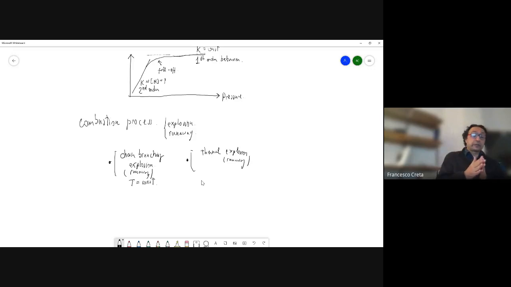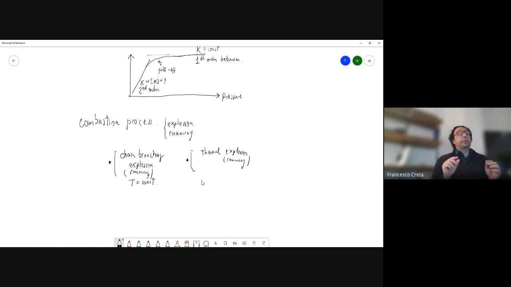So we know that there is this exponential relationship between the rate of reaction and temperature, and that the rate of reaction is really released globally, so it really increases very close to the highest possible temperature, which is the adiabatic flame temperature. So in the thermal explosion case, we're not going to bother about how many intermediate molecules we produce, but we're going to look at the thermal aspect.